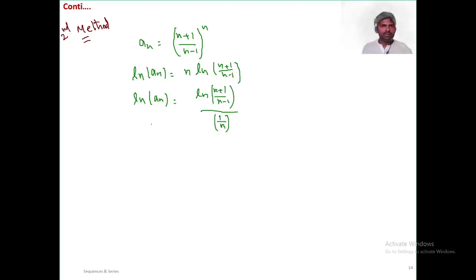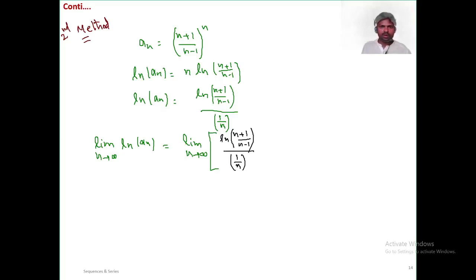Now here if you apply the limit, what will you get? Limit, let me do it; at the end I will give you the exercise. Limit of ln an as n tends to infinity: look at the numerator, ln of (n plus 1 by n minus 1), divided by 1 by n.